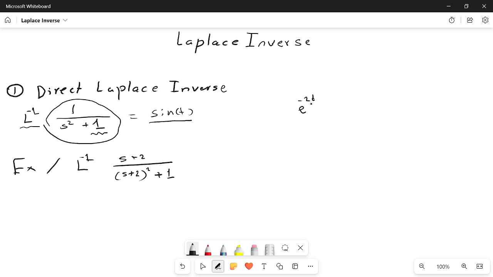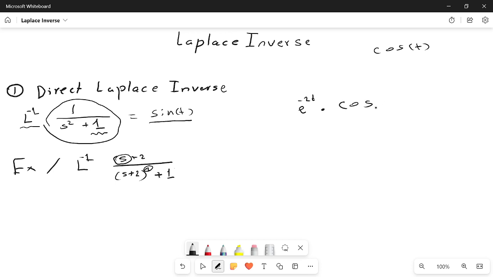The exponential of negative 2t is multiplied by, since we have an s in the numerator and we have an s squared in the denominator, we can find that it's the cosine of t, because we have s divided by s squared plus a squared. So we have cosine t.